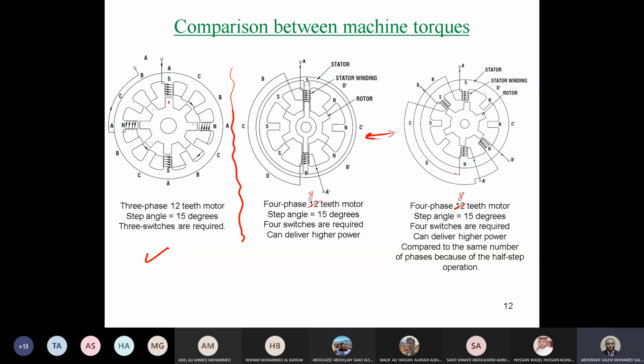Here we have 2 teeth in one coil. Here we have the same number of phases A, B, C, D. However, as you can see, coil A here is connected to this tooth, but A and B are energized together.